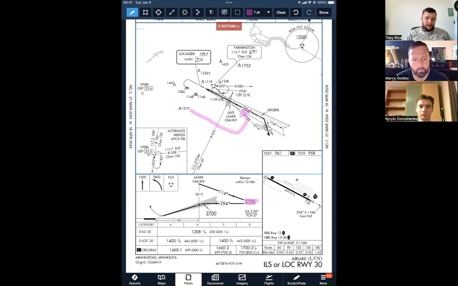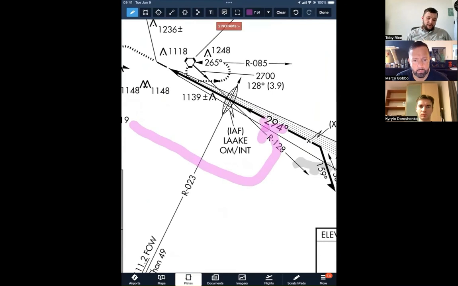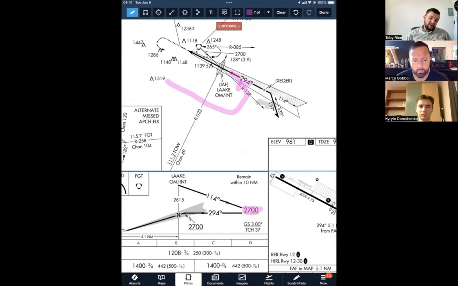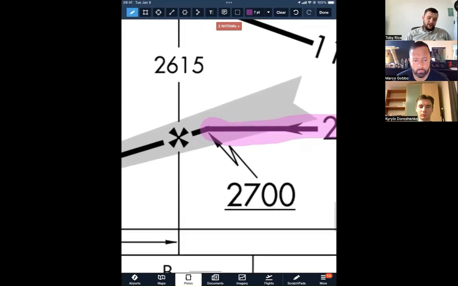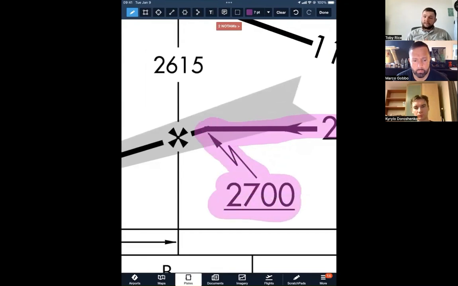Then you'd read that back and you would join the localizer. On the localizer, level at 2,700 feet, you would maintain that until you intercept the glide slope. The glide slope intercept point is here.